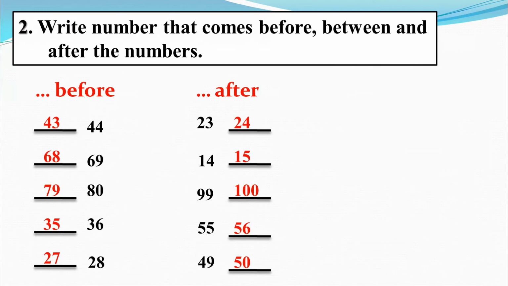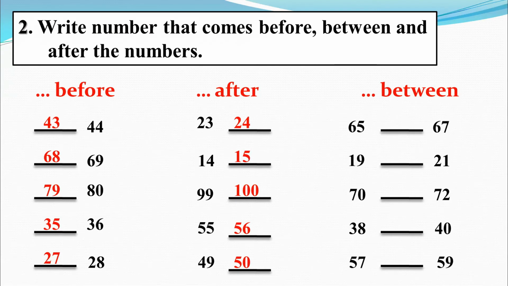Now write the numbers that come in between the numbers. So between 65 and 67, the number is 66. In between 19 and 21, the number is 20.